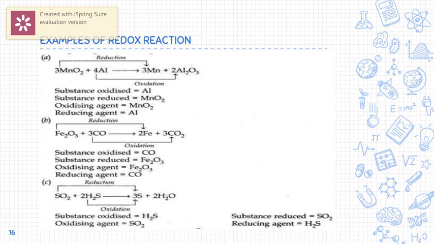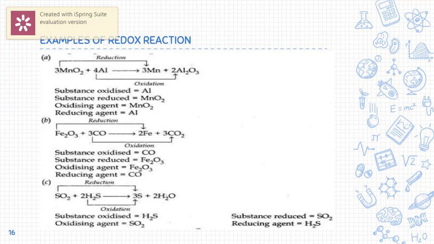You can see I have shown by arrow mark, aluminum to aluminum oxide. Now, MnO2 is losing oxygen and becoming Mn, like in the previous example, copper oxide. So it is the loss of oxygen from the MnO2. So MnO2 to Mn is known as reduction.